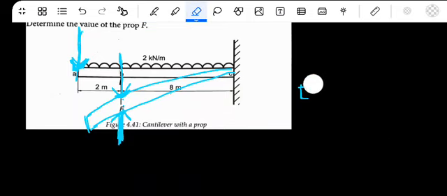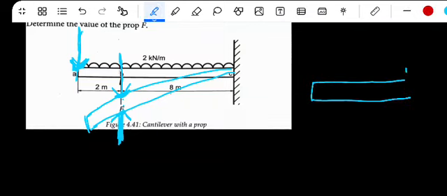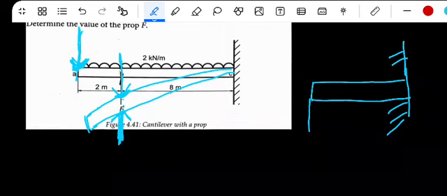But if it's acting at the end, let's say the propped force is acting upwards at the end, and you have a force here acting down.